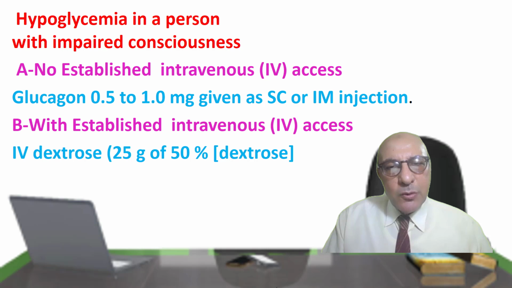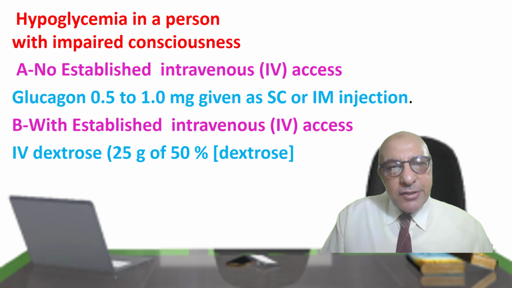We cannot and we should not wait until we have vascular access. We should use glucagon first. If the patient has established intravenous access, naturally we give dextrose. Usually 25 grams of 50% dextrose is sufficient.